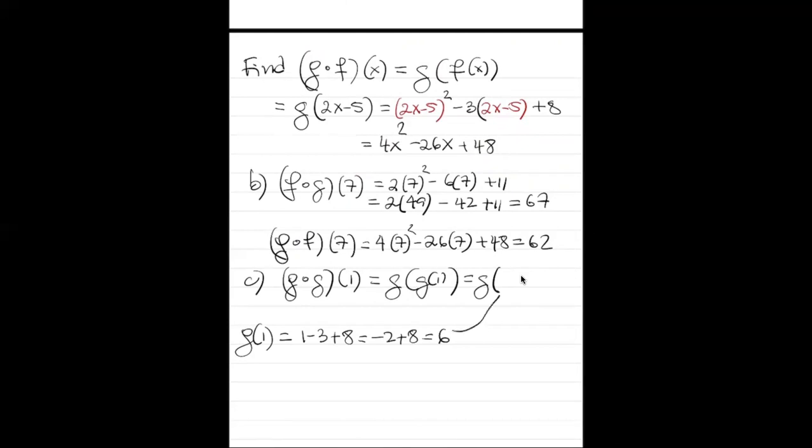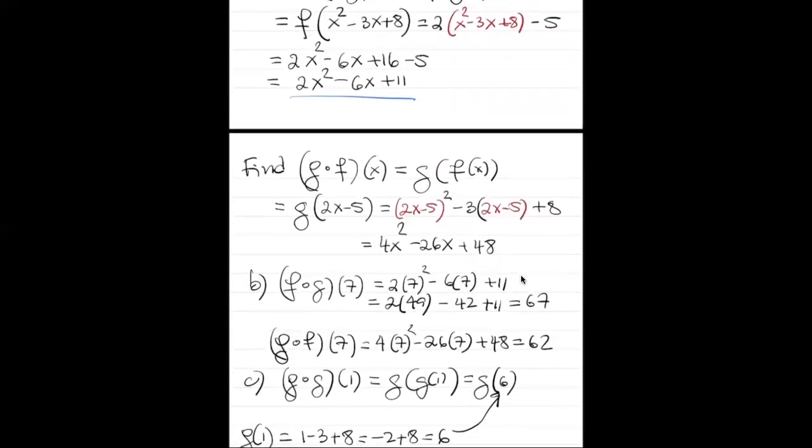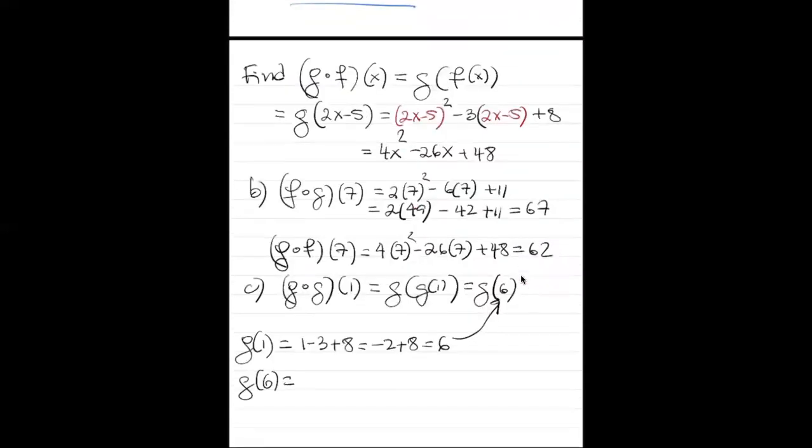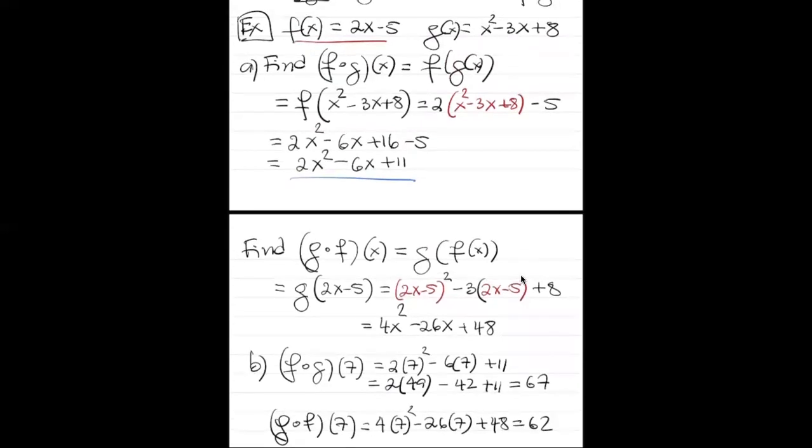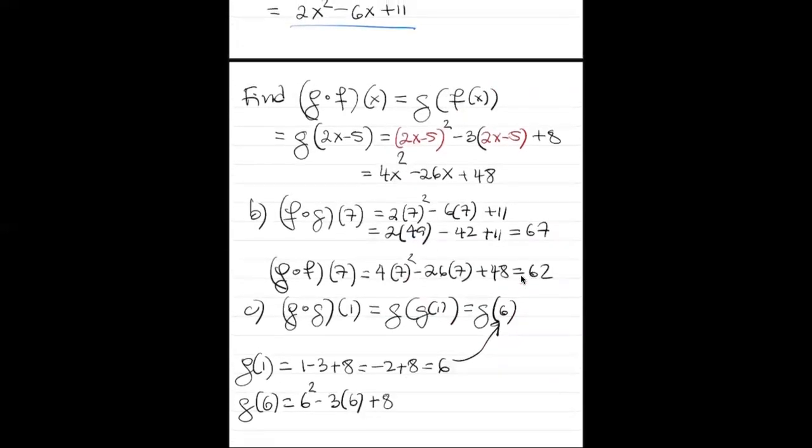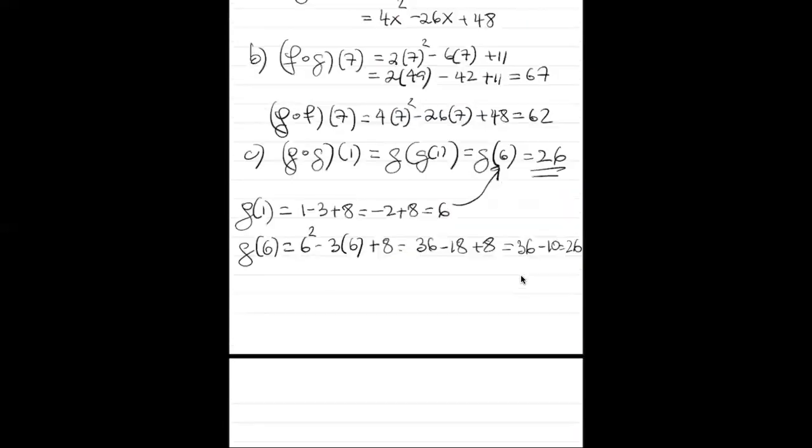So we plug this in here, and we have g of 6. So g of 6 is, here's g, x squared minus 3x plus 8. So 6 squared minus 3 times 6 plus 8. So that is 36 minus 18 plus 8, which is 36 minus 10, so 26. So 26 for part C.